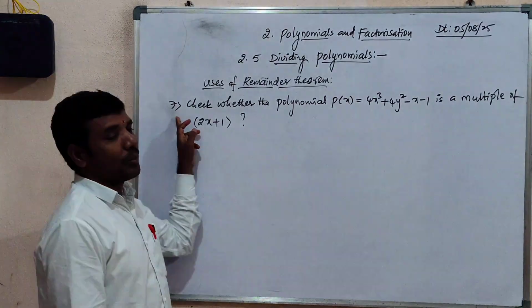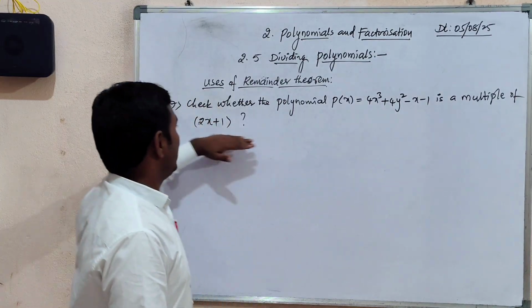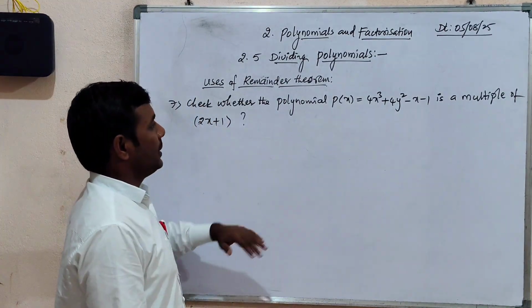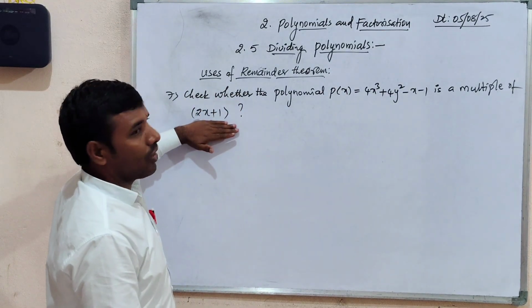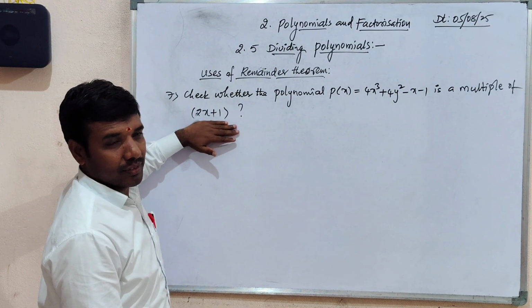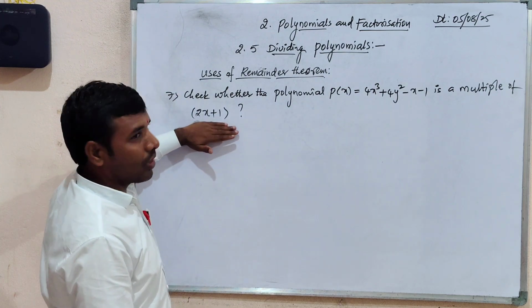Students, let us see the 7th problem. In this, this is the dividend, this is the divisor. But the question is whether this dividend is a multiple of the divisor or not. Check whether this polynomial is a multiple of this or not.